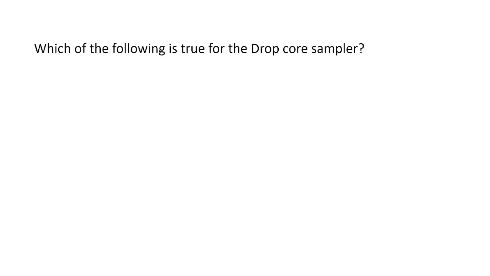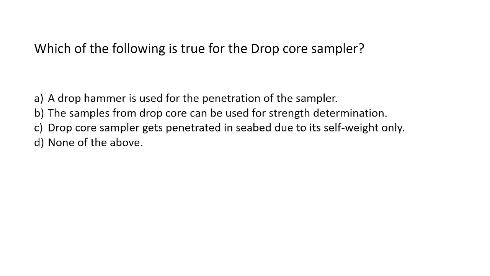Simple question. Which of the following is true for the drop core sampler? A: A drop hammer is used for the penetration of the sampler. B: The samples from the drop core can be used for strength determination. C: Drop core samplers get penetrated in the seabed due to their self weight.